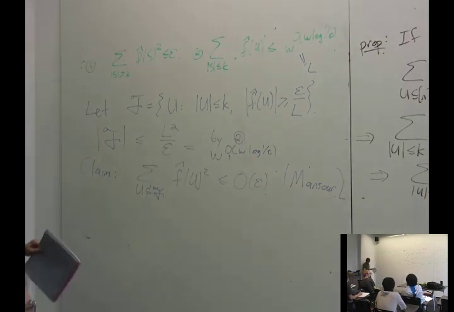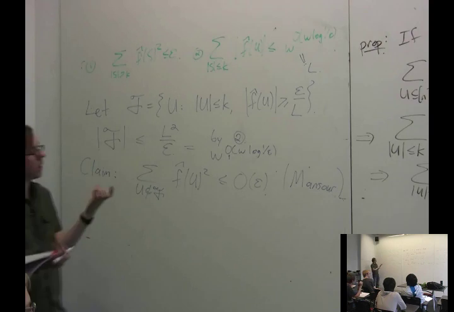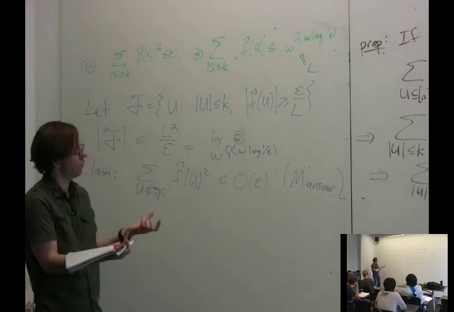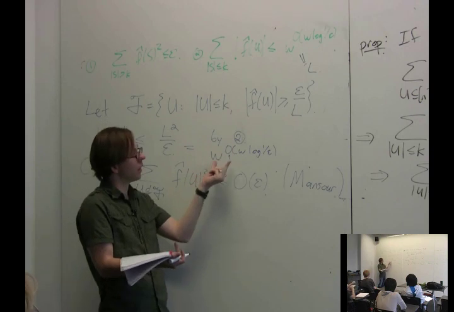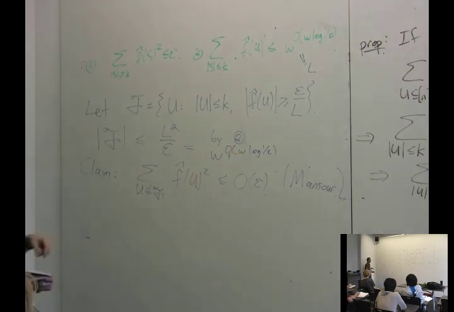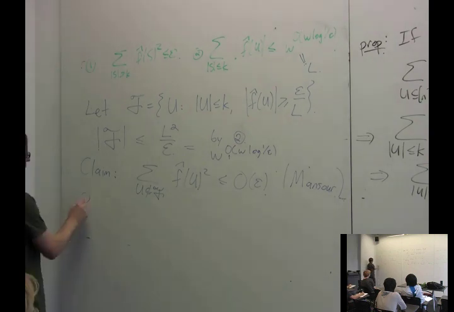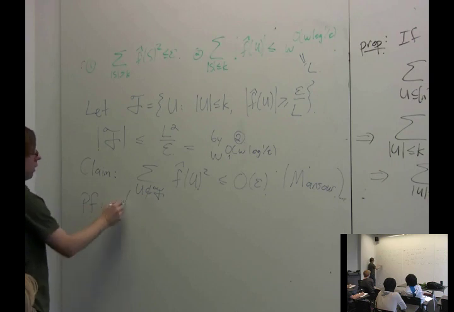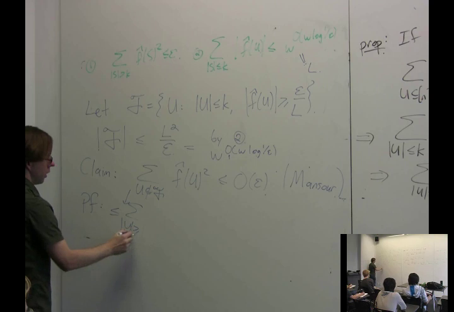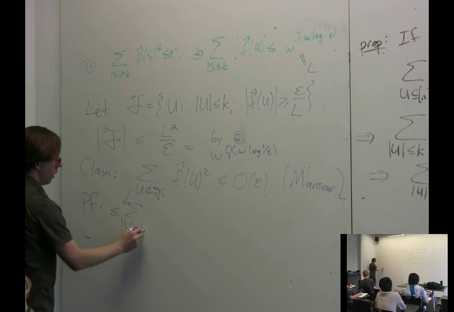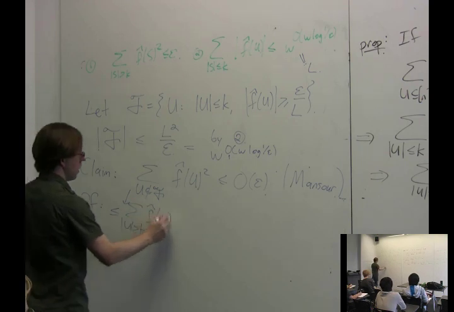And remember, the most typical case for learning theory is when you're looking at poly-size DNF, which means the width is like log n. So this is like log n to the log n, which is like n to the log n, tantalizingly close to polynomial. OK, so the proof of this is, this is at most the sum over U bigger than k of f hat U squared.